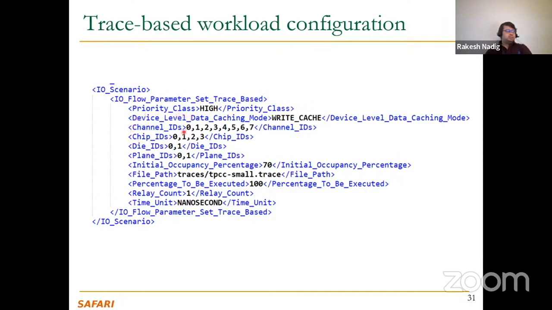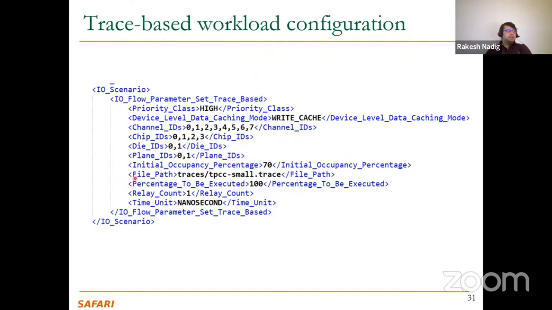So let's say if we set the channel IDs to 8 channels, then the requests in the trace will be sent to all the 8 channels, and the number of chip IDs will define how many chips are being used by the workload, and die IDs and plane IDs also define something similar.